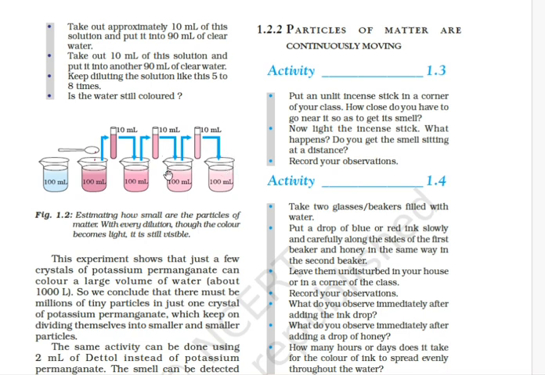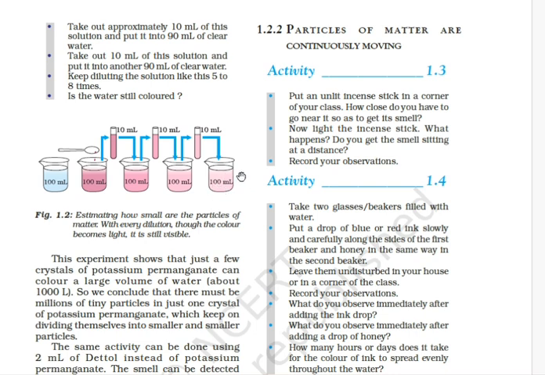If in a glass of water we add 1 spoon of sharbat, it is still visible. If we add 2 to 3 drops also, it is still visible. So what does it mean? That particles are so small that even if we can't see them, they are still there.